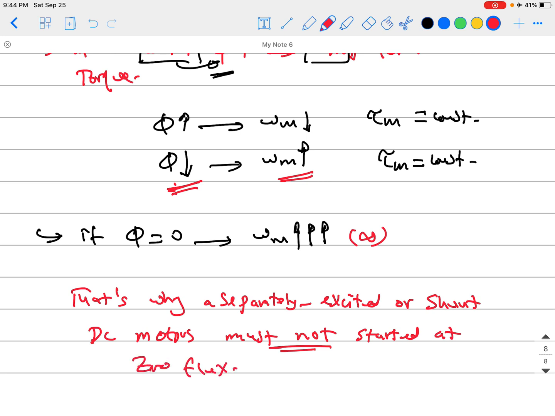That means you make sure you attach your field winding to the electric source to build the flux before you apply the voltage to the armature of the machine to make it rotate as a motor. Because if you don't, the machine will start at 0 flux, or at least a very, very small amount of flux, and this will make the machine jump to a very, very high speed, and this may cause problems. It may break the rotor or may even cause accidents.